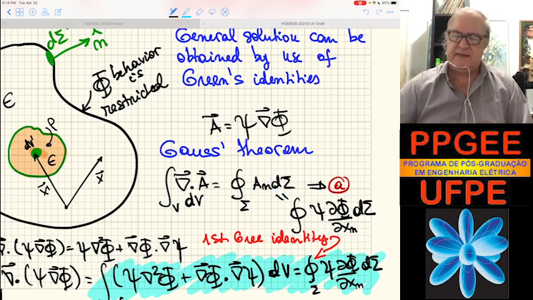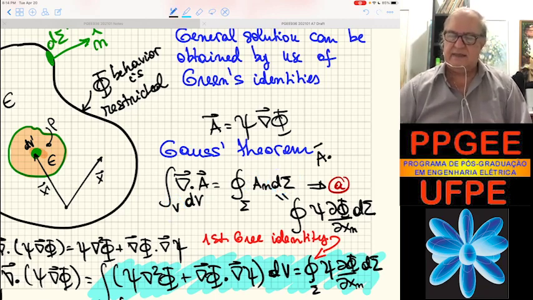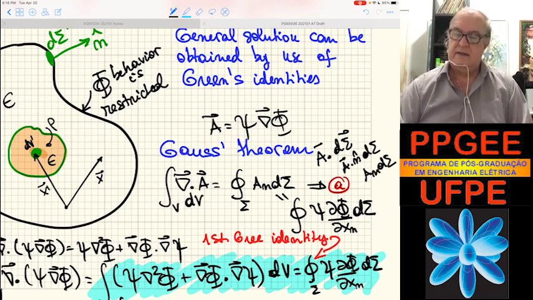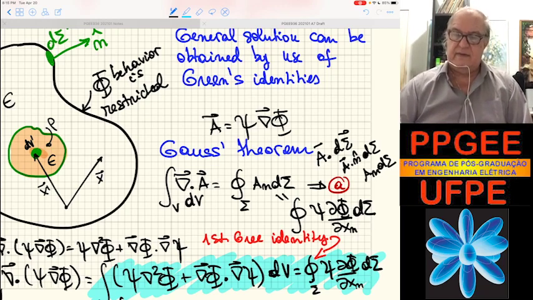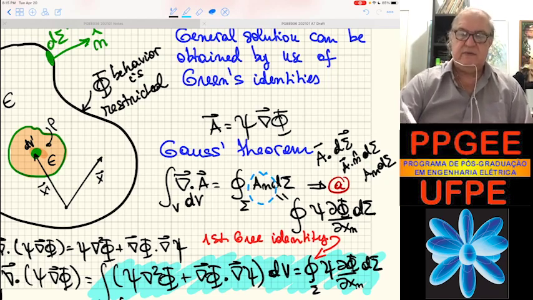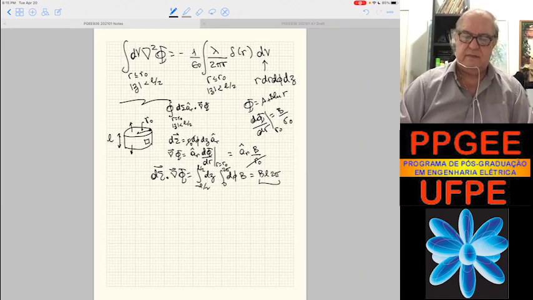This is the same as A dot d sigma, which is A dot n d sigma, which is A normal d sigma. Okay? So that's the same thing. So if you look at A_n, it is simply, let me do it separately here.